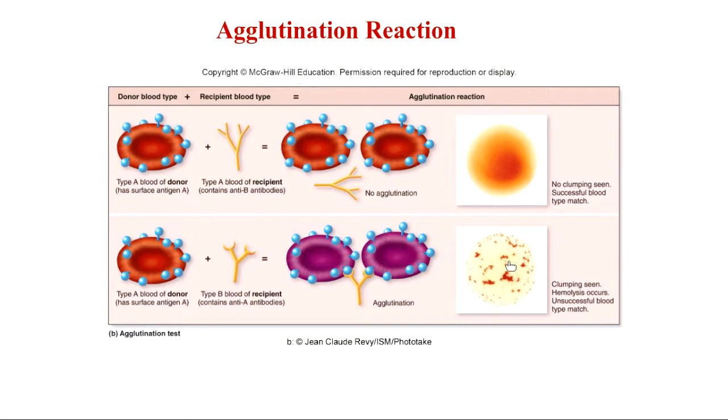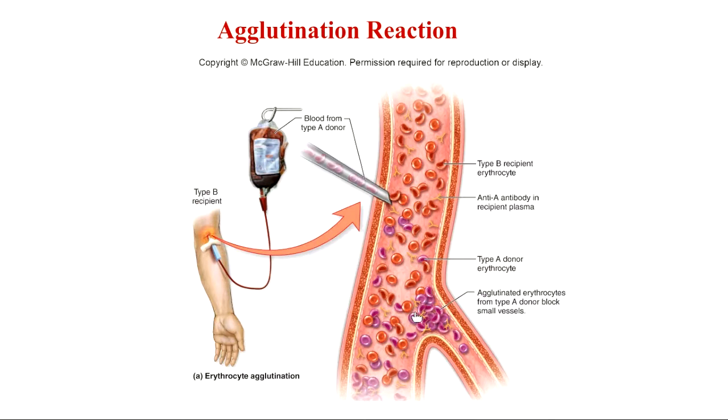These clumped erythrocytes can block the blood vessels, as you see in the next picture. This is the agglutination, and you can see this clumping, and it prevents the normal circulation of the blood. Eventually, some or all of the clumped erythrocytes may rupture, and they make a process which we call hemolysis.